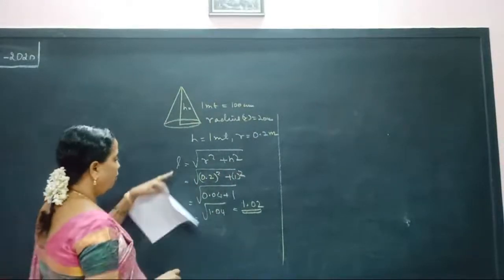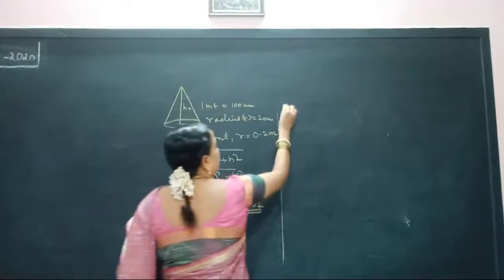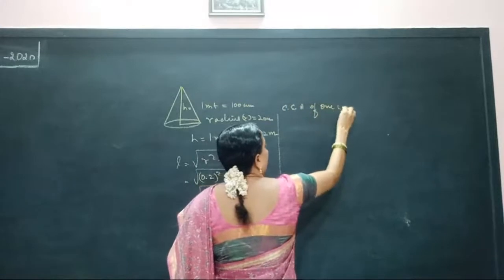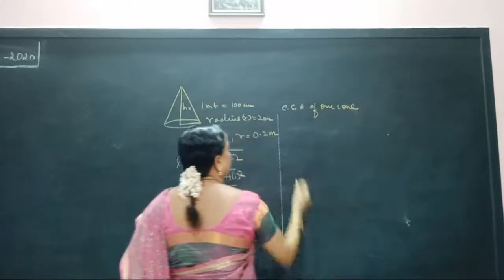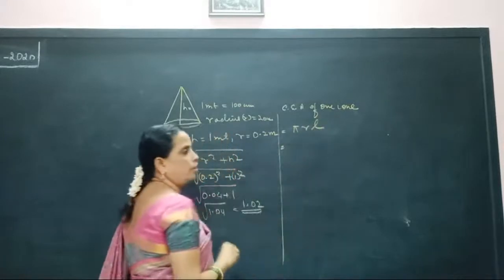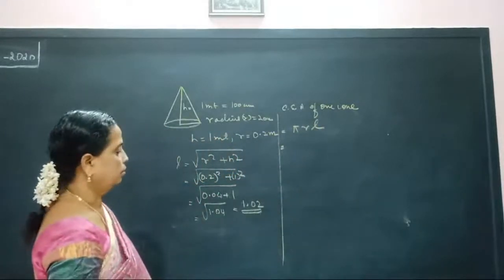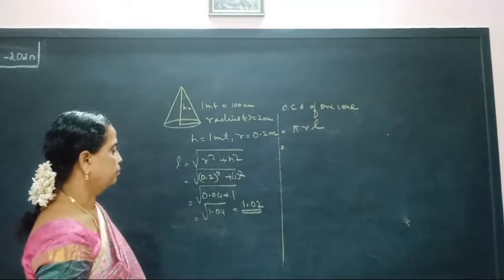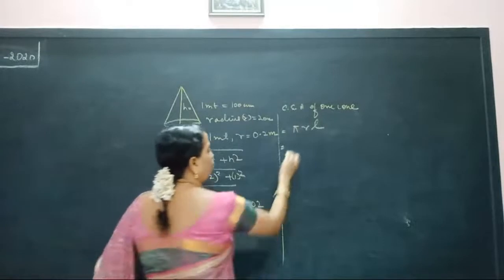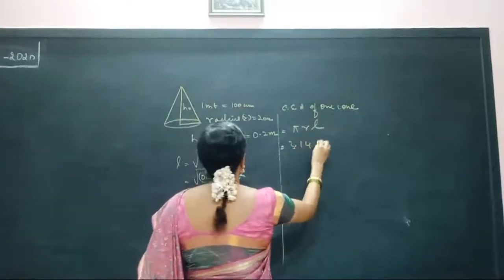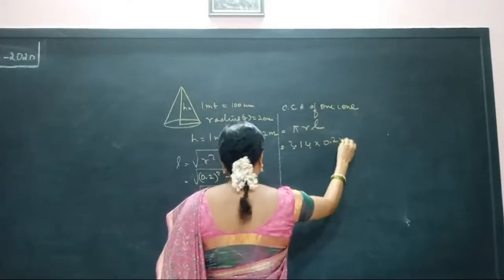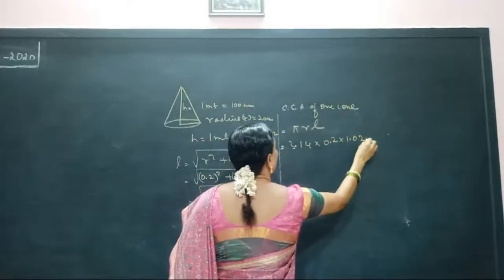So now we have slant height, curved surface area of one cone. There are total 50 cones. This is pi r l. In the question they have given, take pi as 3.14. 3.14 into 0.2 into 1.02.